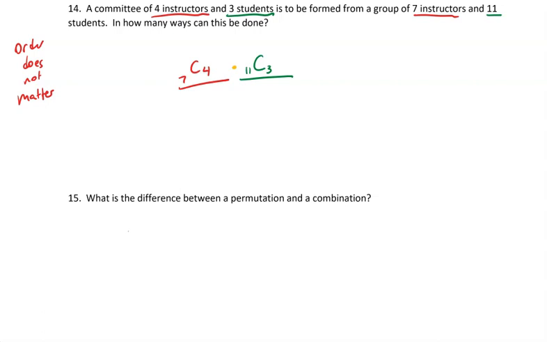So these numbers are 35 for 7C4 times 165 for 11C3, and if you multiply both of those together, you should get 5,775.